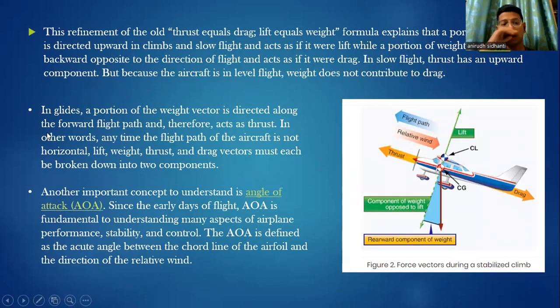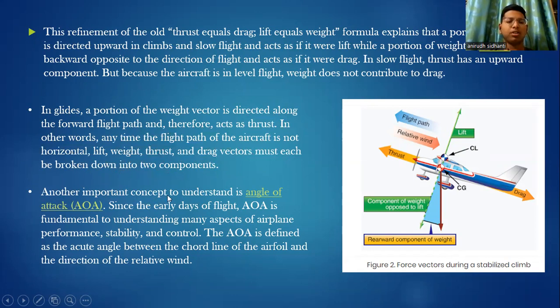In climbs, a portion of the weight is directed along the forward flight path and therefore acts as thrust. In other words, any time the flight path of an aircraft is not horizontal, the lift, weight, thrust, and drag vectors must each be broken down into two components.